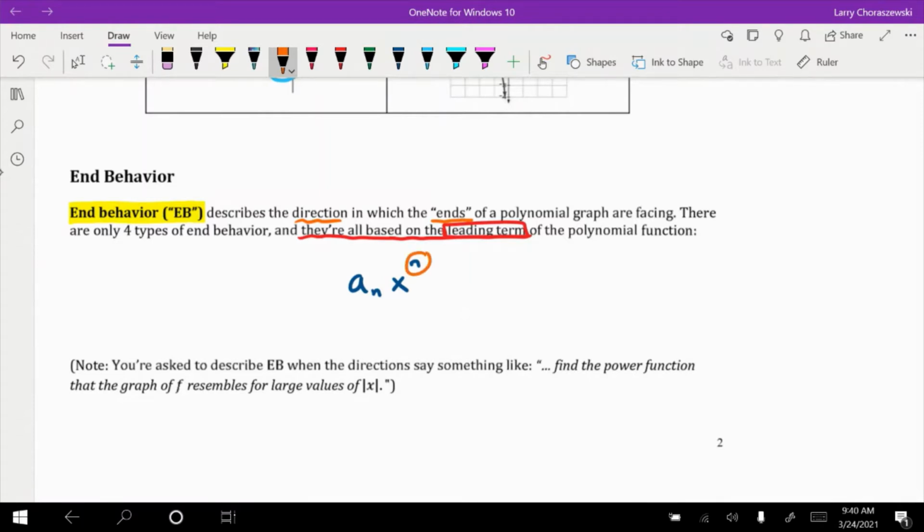First, the degree. The degree is either even or odd. So there are 2 possibilities for the degree. As for the leading coefficient, a sub n, which is the other piece I want to look at, a sub n is either going to be a positive number or a negative number.